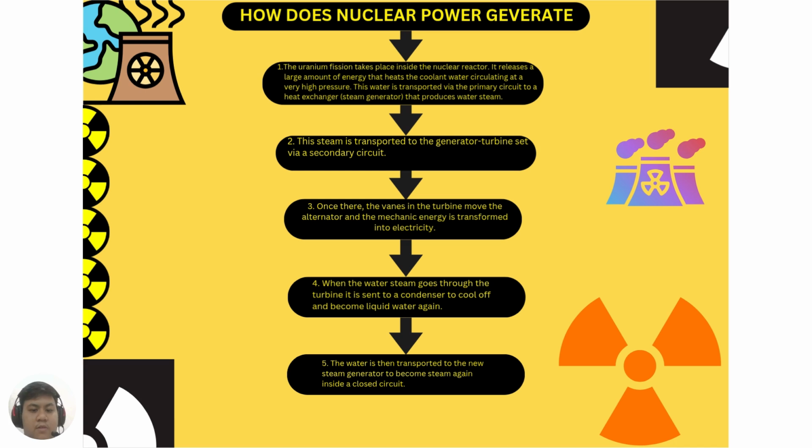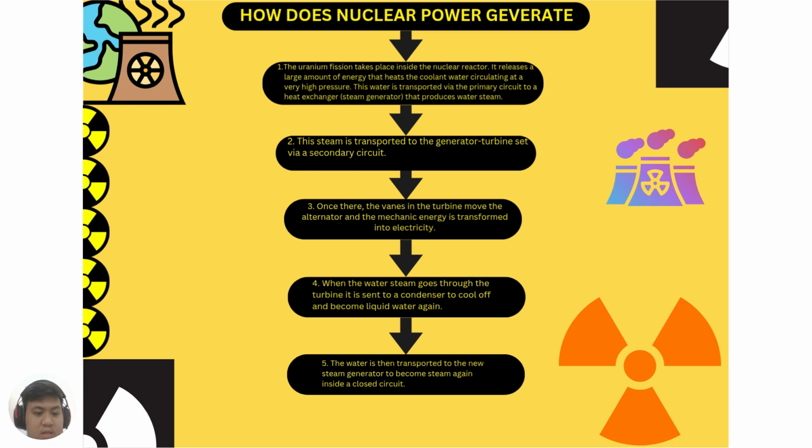And now, finally, before we end, I want to talk about the process of how nuclear power is generated. Basically, uranium fission takes place inside a nuclear reactor and releases a large amount of energy that heats the water circulating at very high pressure. This water is transported via the primary circuit to the heat exchanger, which produces steam.